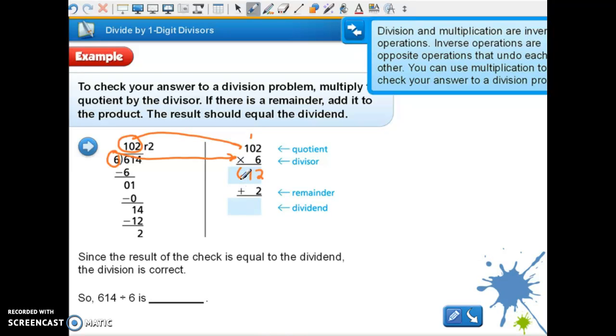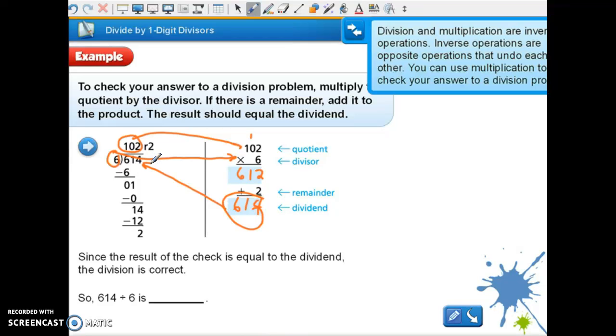Then we have to add that remainder. That's what people forget. When kids come up and ask me, they say, I can't get this to come out, a lot of times they have multiplied, but they have forgotten to add that remainder on. Since the result of the check is equal to the dividend, so here it is, 614, and that's equal to 614.